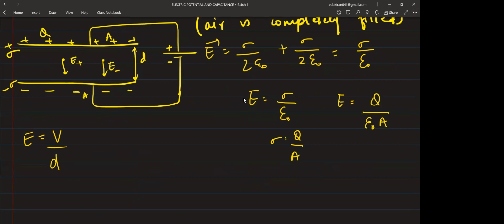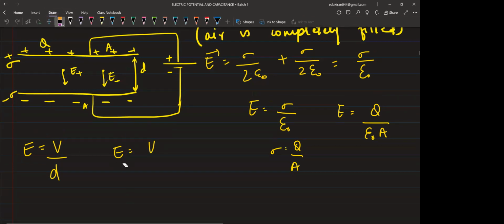Now there was one more relation of electric field with the potential, which was the gradient: electric field is directly proportional to the potential gradient. So E is equal to V by D. Let us first calculate the potential.